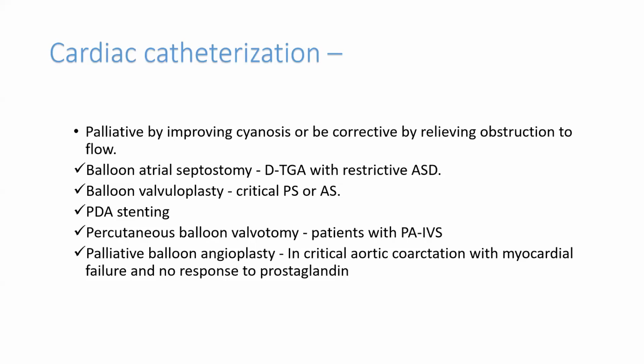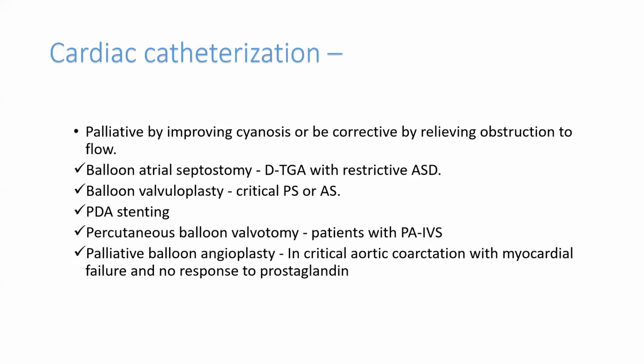Some of the ones we do commonly at Kenyatta, for example, balloon atrial septostomy, where you create an ASD. You create an interatrial communication to ensure that there is mixing of blood now. And we do this commonly in babies with transposition of the great arteries with intact ventricular septum with a restrictive PFO or a restrictive ASD.